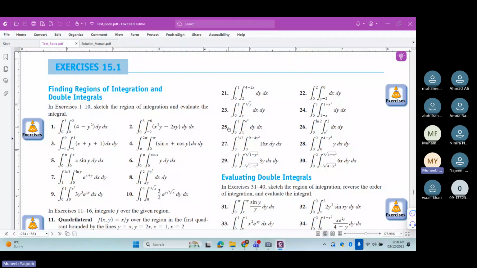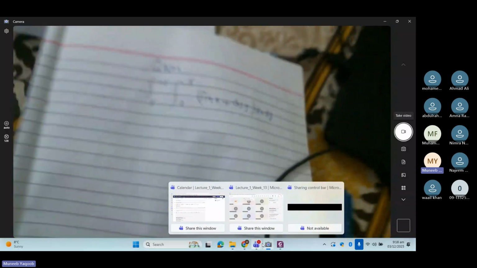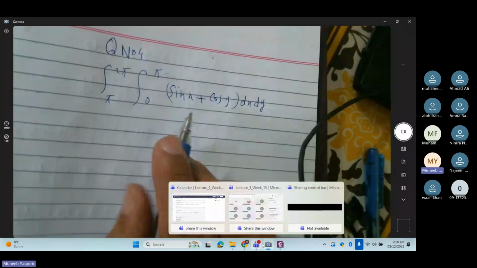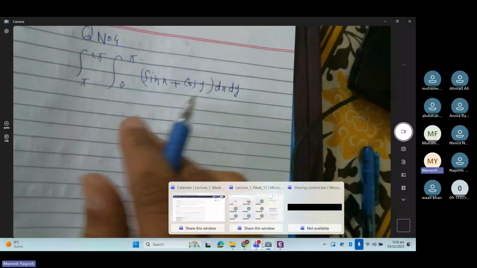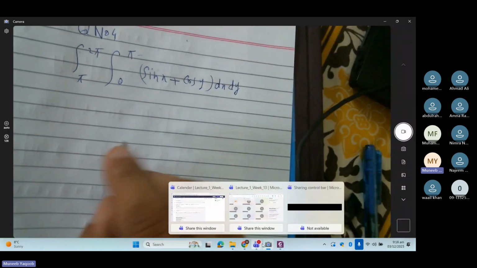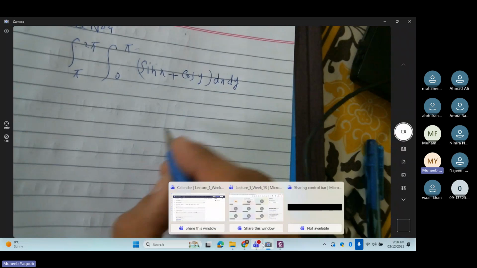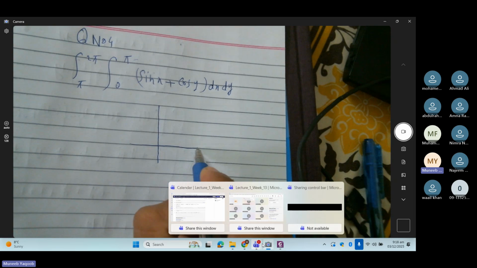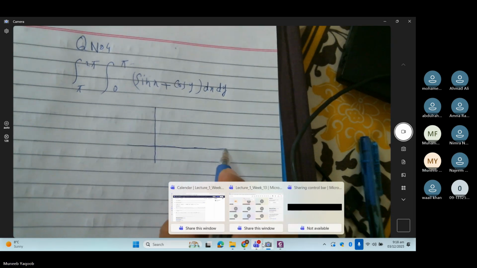Okay. So now this is basically the function that is to be integrated. Now let us first sketch the region of integration. To sketch the region of integration, we will draw the xy axis.